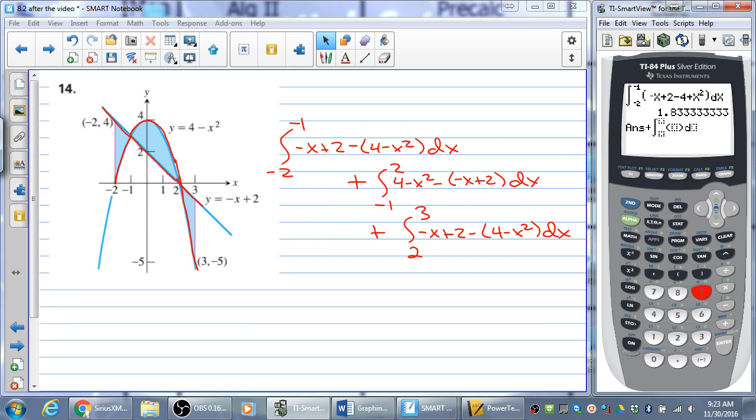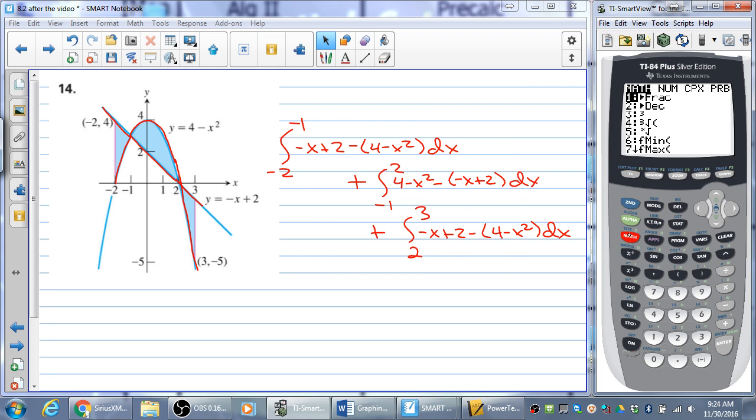Plus math, number 9. 9 is integral, 8 is derivative. You can evaluate derivatives too. -1 to 2 of 4 minus x squared. How about we do plus x minus 2? All right, we got that. And then finally plus math number 9, 2 to 3 of -x plus 2 minus 4 plus x squared dx.